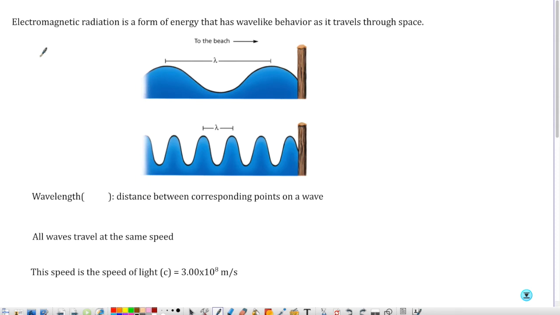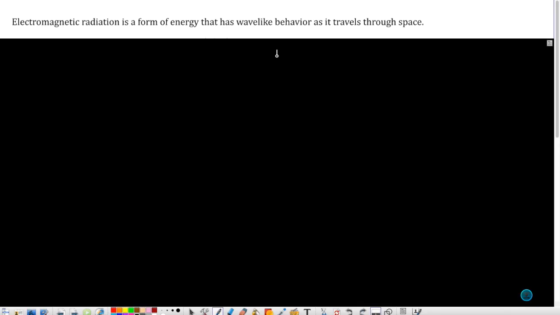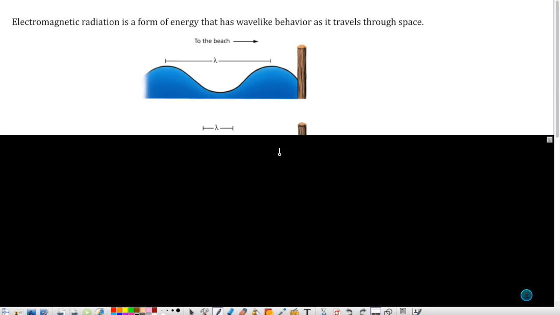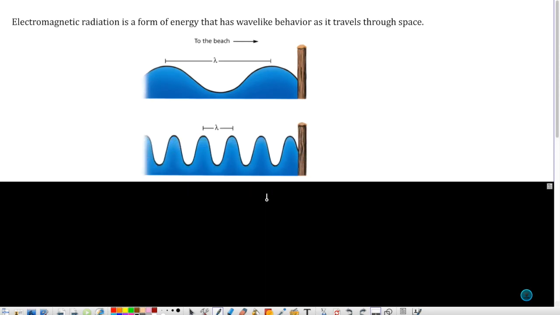Electromagnetic radiation is a form of energy that has wave-like behavior as it travels through space. Here's a wave that's traveling towards the beach. And actually, a lot of waves work a lot like waves at the beach.